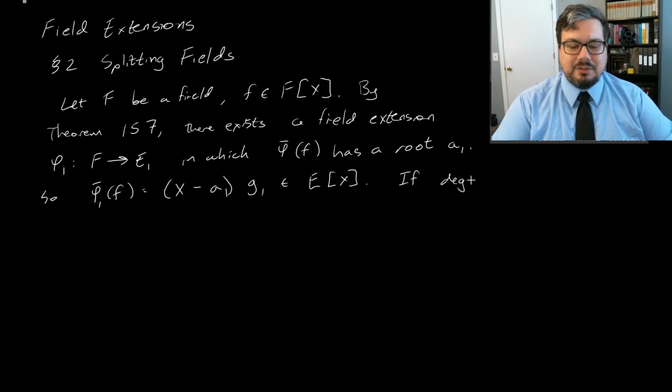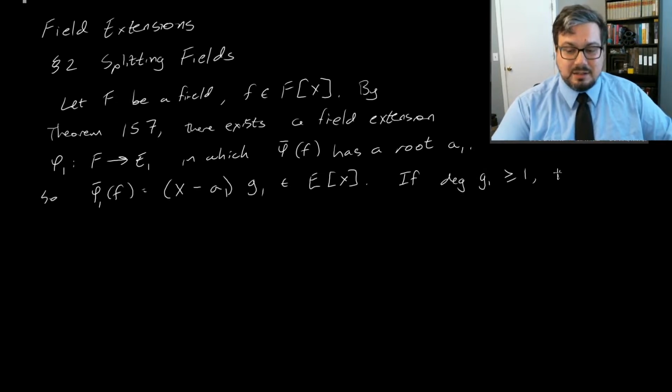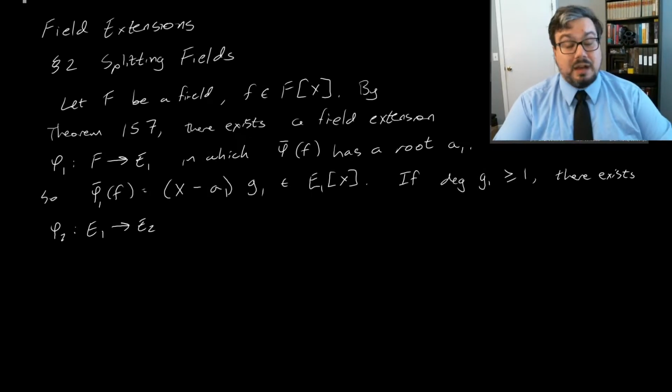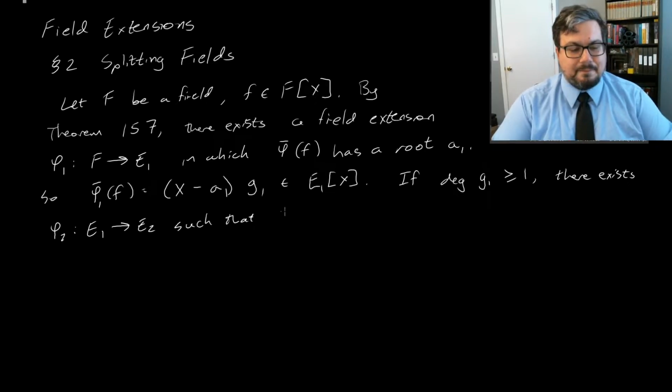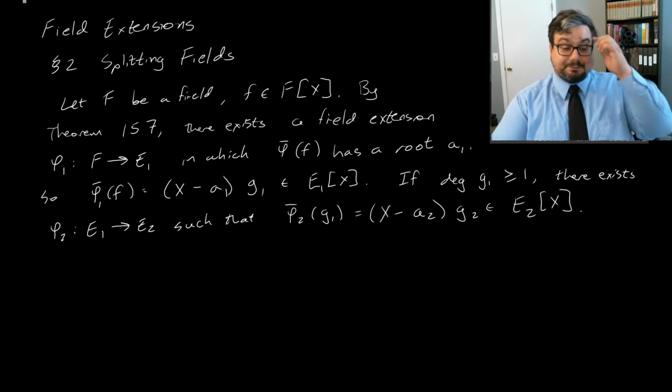So now, if the degree of g1 is greater than or equal to 1, that is, if g1 is non-constant, there exists phi 2 going from E1 to E2, again by theorem 157, such that phi 2 bar of g1 is equal to x minus a2 times g2 inside the extension field E2 of x.